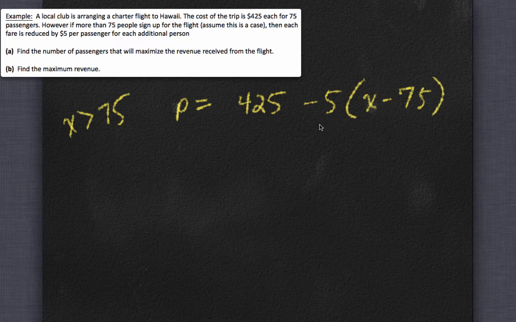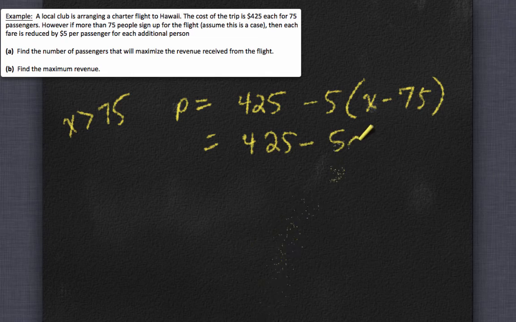Also, they're not going to let you go for $0. So there's actually a restriction on here too. Let's see, this is 425 minus 5x plus 375.